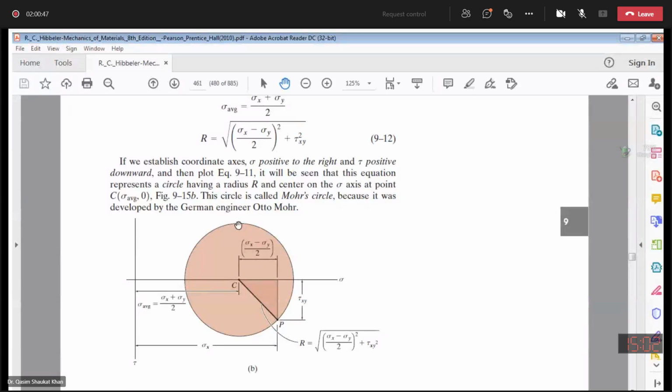So I can get the value of sigma x and tau xy. All these points on the Mohr circle basically represent particular sets of normal and shear stresses.